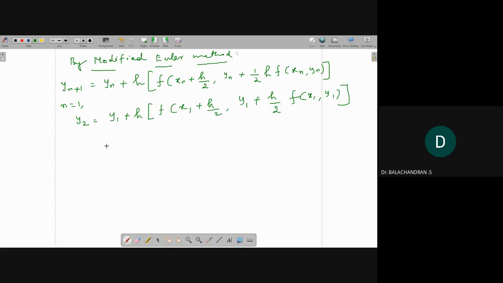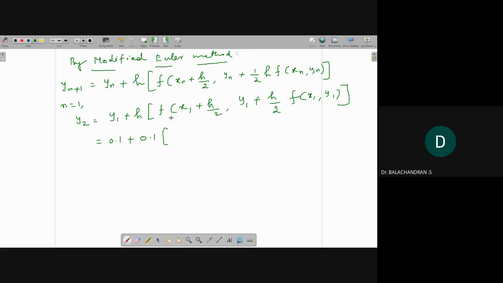We got y1 equal to 0.1, and h is also 0.1.